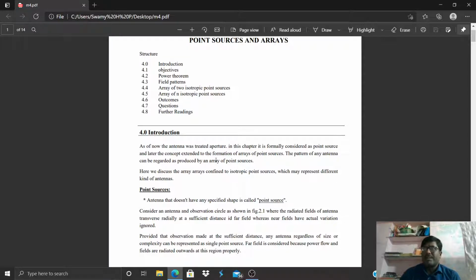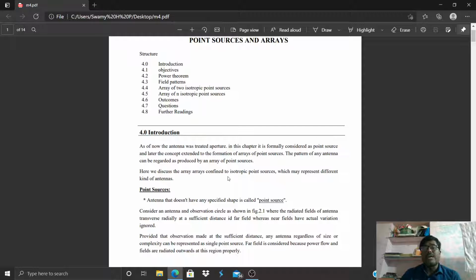A field pattern is a graphical representation of how much power is radiated, in which fashion it is radiated, and in which direction the power is maximum. Those patterns of any antenna can be produced by arrays of antennas or point sources.